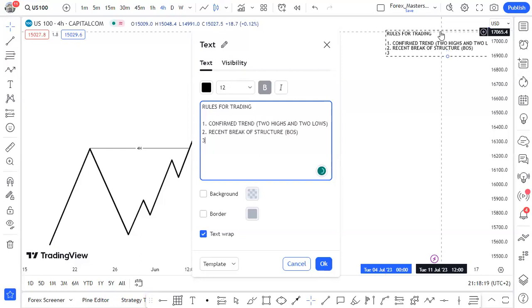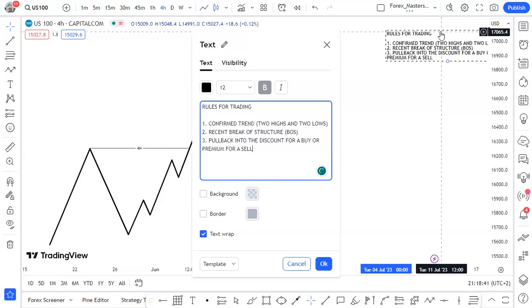Number three, we said pull back into the discount for a buy or premium for a sell.